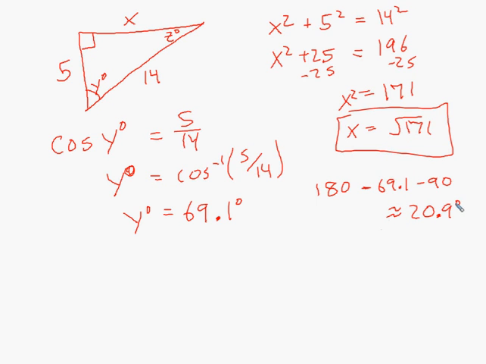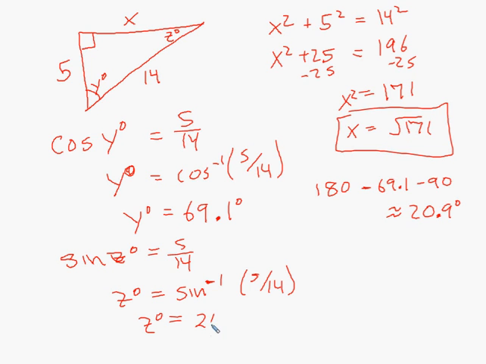But just for practice's sake, let's do what Jarrett was saying. We want z, that's opposite over hypotenuse. Let's use sine. So sine of z is 5 over 14, and then inverse sine of 5 over 14, and yes, we should get the same thing. 20.9.